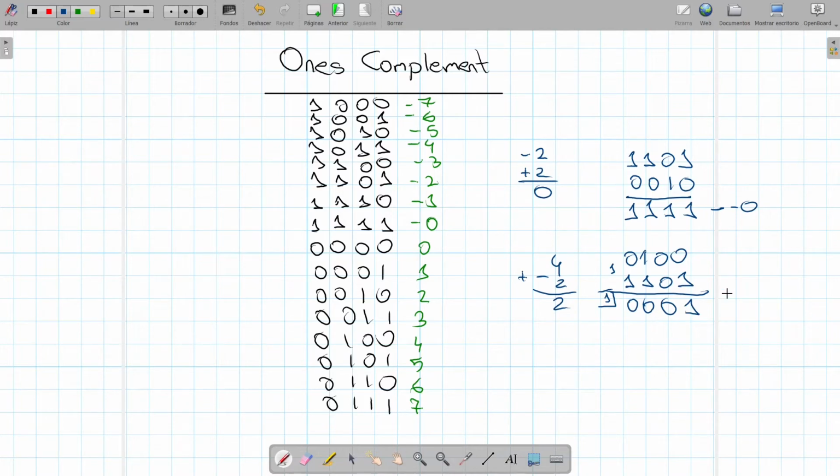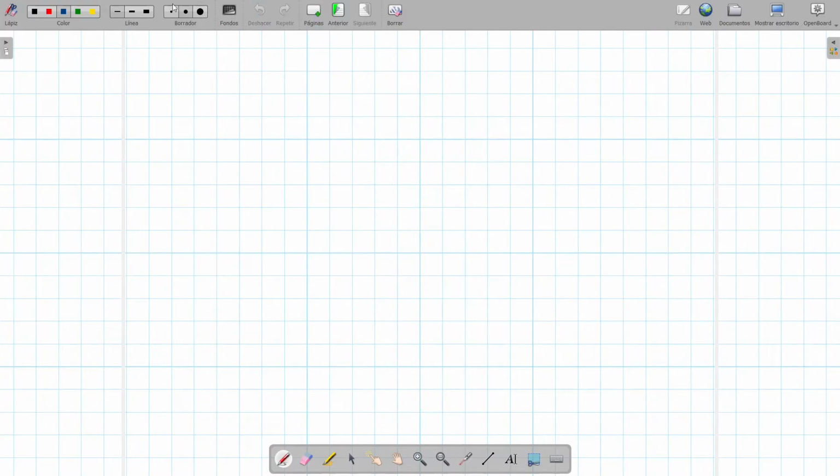So if we do this, 4 minus 2 is not 2. So we have improved, but we still cannot add up positive and negative numbers.